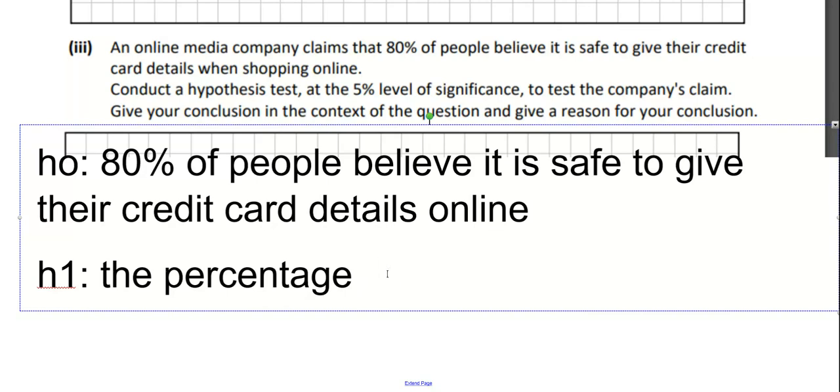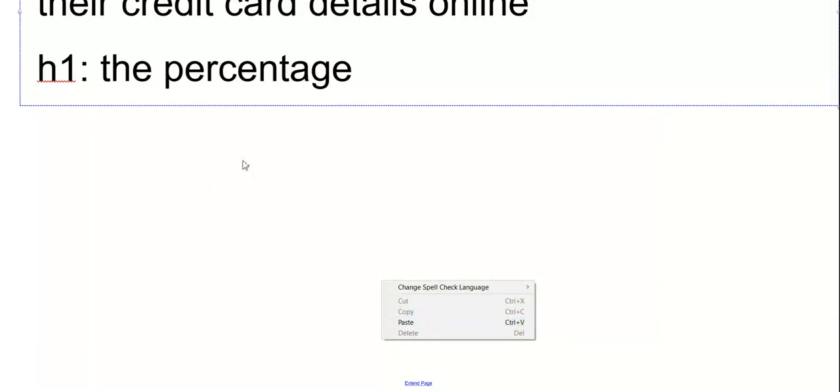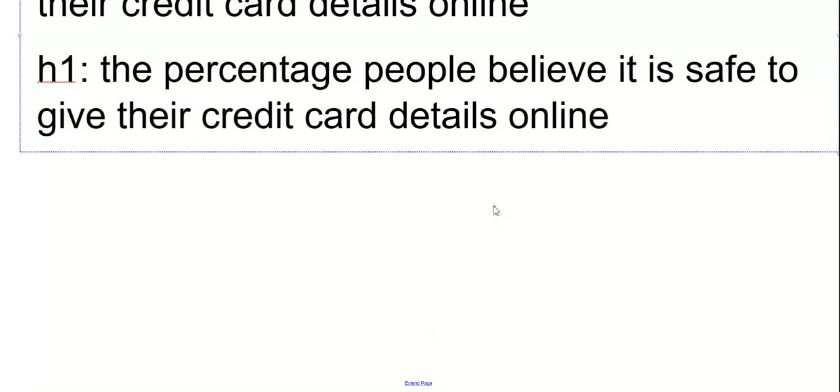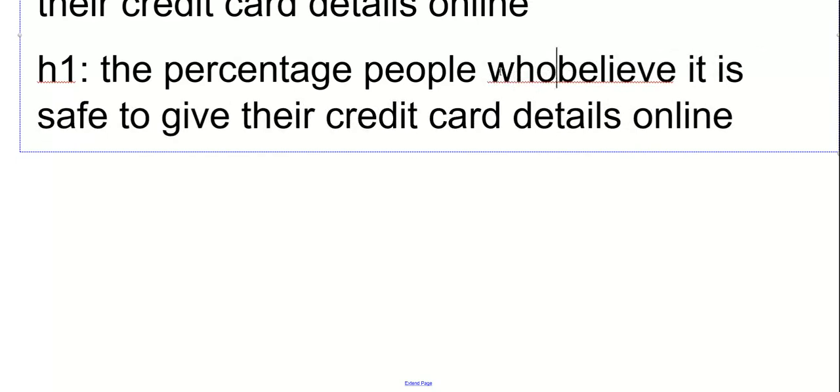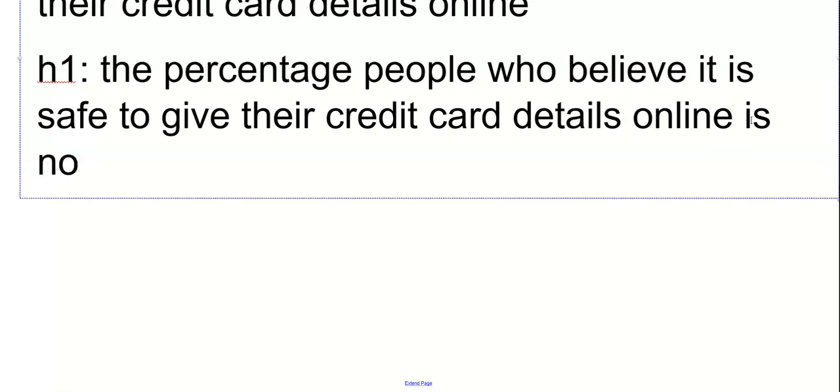So the percentage of people, and you press paste. Percentage of people who believe it is safe to give their credit card details online is not 80%. So the first one's claiming it is 80%, and the second one is claiming no, it's not 80%.